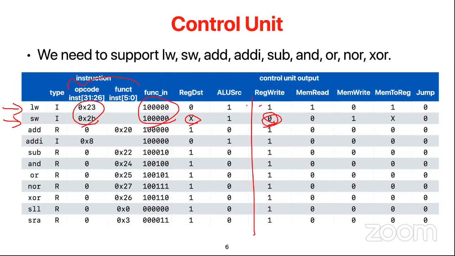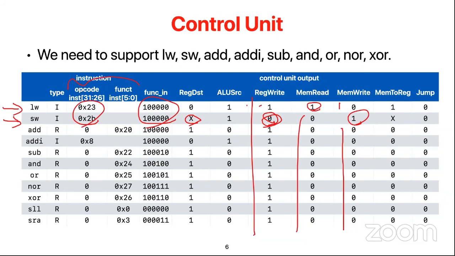And the load word instruction is the only instruction that will read memory. So other than the load word instruction, everyone else's memory read should be set to 0. And the store word instruction is the only one that would write memory. So other than the store word instruction, you have to set the memory write to 0.